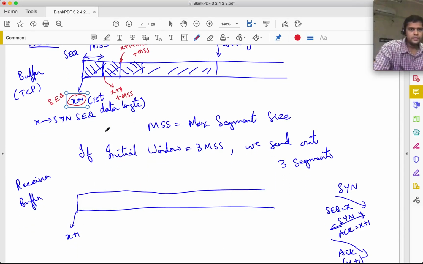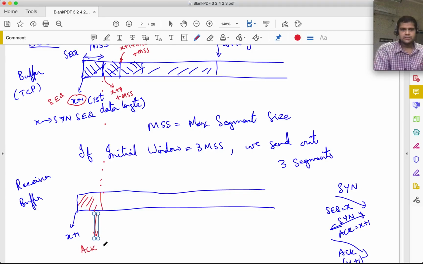So what if the first segment actually reaches the receiver? Suppose this one comes here. Now the receiver sends an acknowledgement for this. And what is it going to send in the acknowledgement? It is going to say that I got this last byte, and it's going to tell you the sequence number of the next byte I'm expecting to receive.